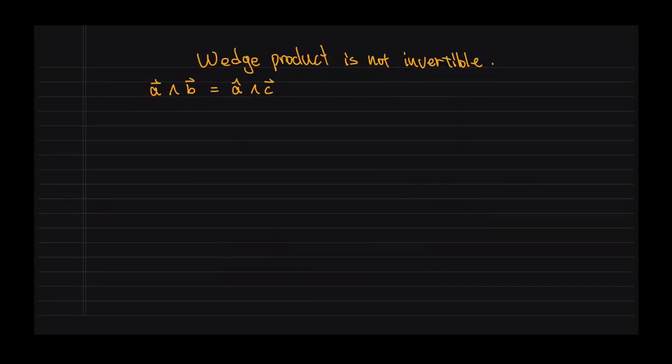Now we talk about how the wedge product is not invertible. This means that if we have three different vectors, let's say vector A wedge vector B equals vector A wedge vector C, given that they are equal to each other, does that mean vector B is equal to vector C?